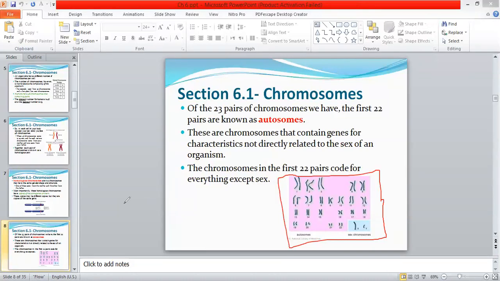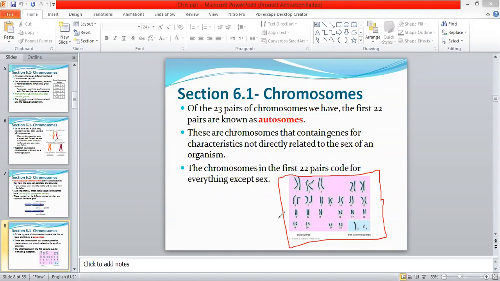Chromosomes related to somatic cells or body cells, and chromosomes related to the sex cell. Some chromosomes carry the genes of the somatic cells, and a chromosome carries the genes or traits related to the sex cell. We have 23 pairs, as you can see.